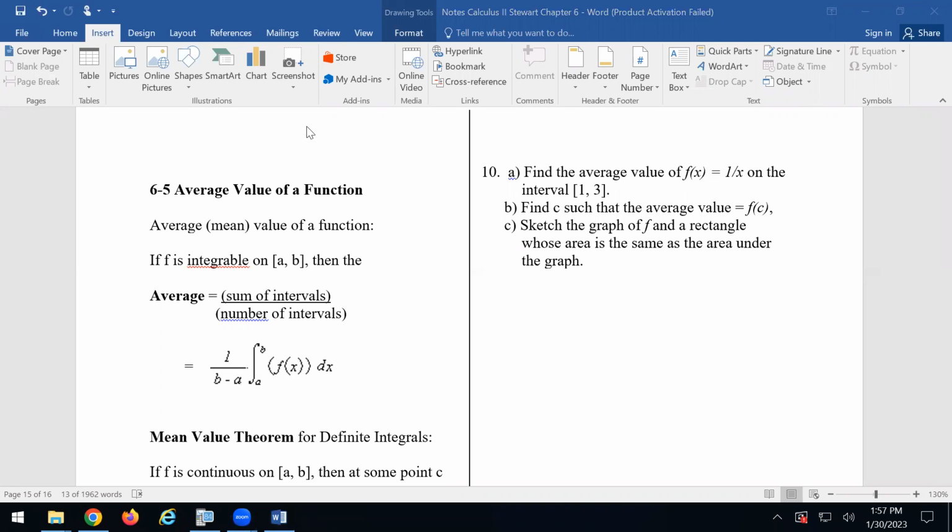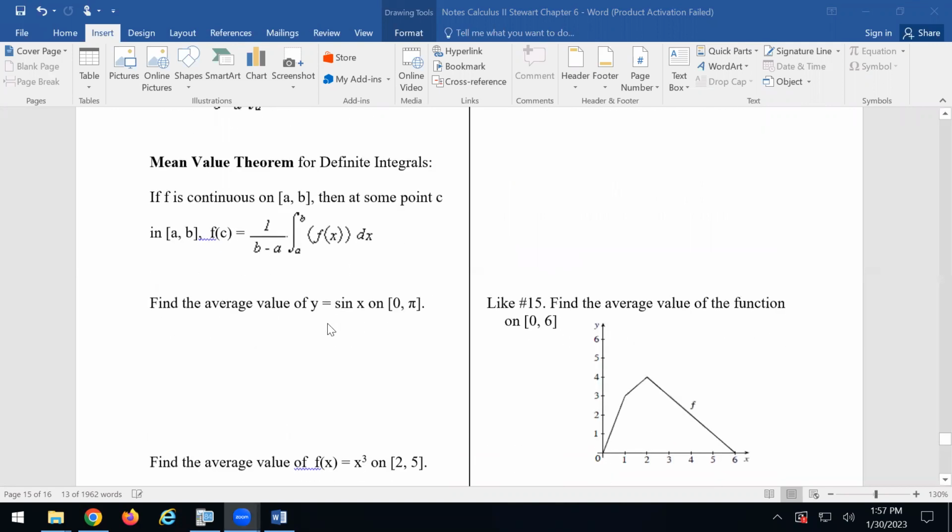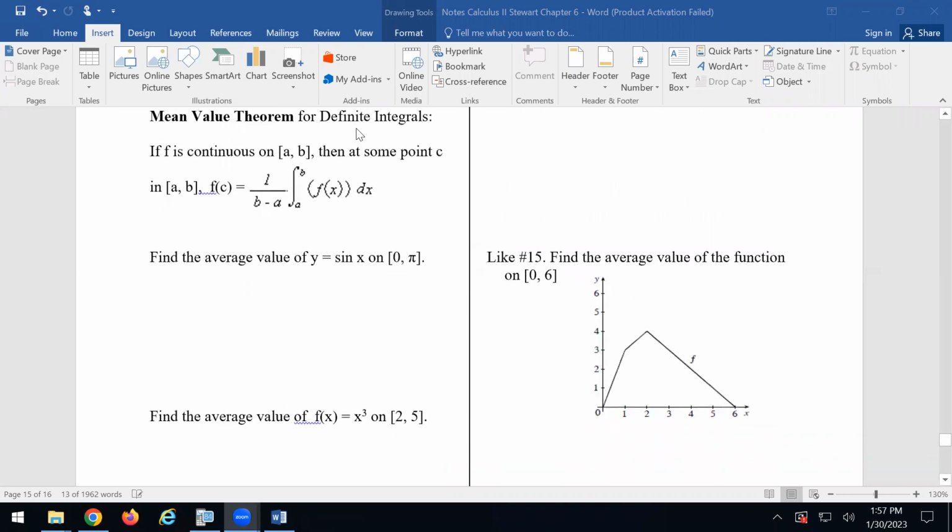Let's do an example so you can see exactly what we're talking about. We want to find the average value of the function y equals sine x on a equals 0, b equals pi. So all we're going to do is take 1 over pi minus 0, then integrate from 0 to pi of sine x dx, and evaluate this.